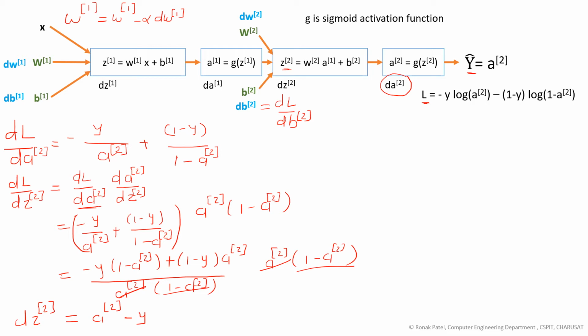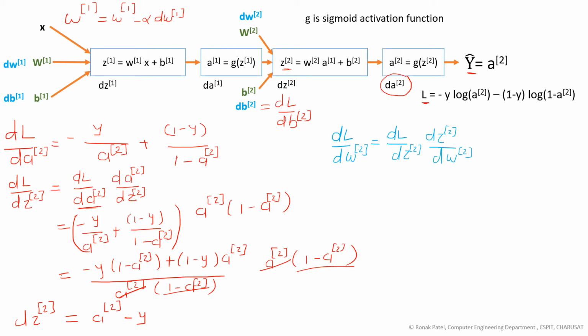So dL upon dw2 means what is the impact of this weight w2 on this loss function L. So again with the chain rule you can write it like this: dL upon dz2 and dz2 upon dw2, right?